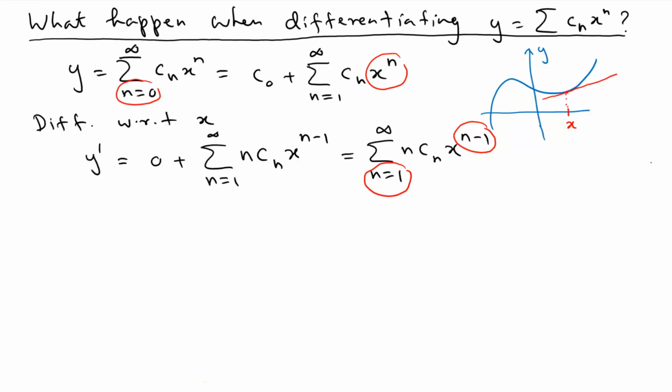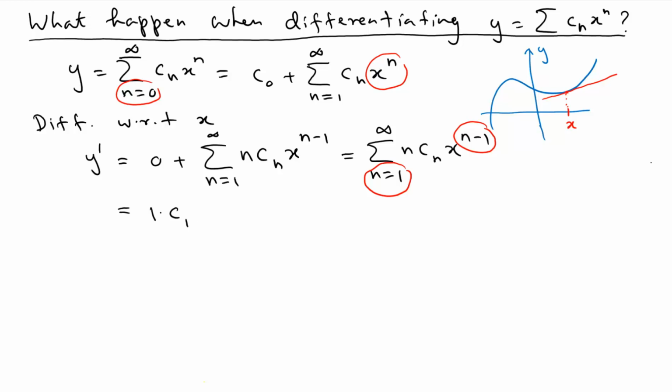But before we do that, we write the first term. Let's rewrite this one. If you write the first term, you get 1 times c1 x^(1-1), that means x^0. That's just a constant, so we can ignore that. I'm going to erase this part.